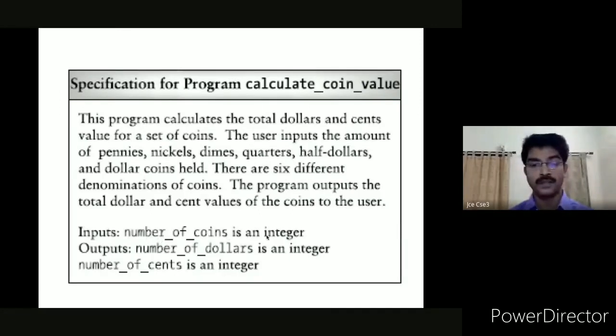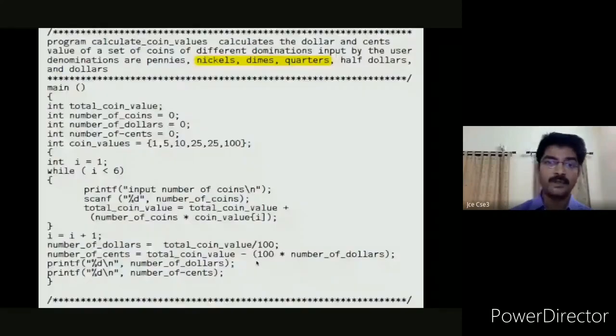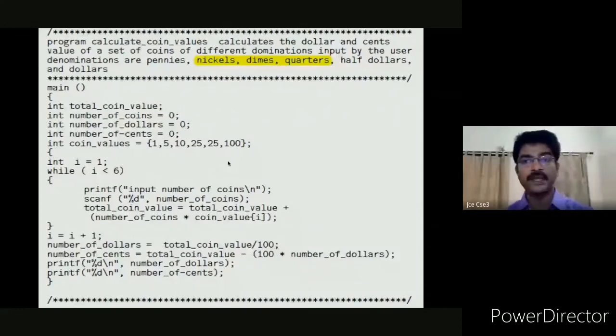Number of coins is an integer value, number of dollars is an integer value, number of cents is an integer value. For the number of coins, I have to get 6 different denominations, and the output would be the number of dollars and the number of cents. Here is the problem. The program is given. So let us see the various defects it consists of.